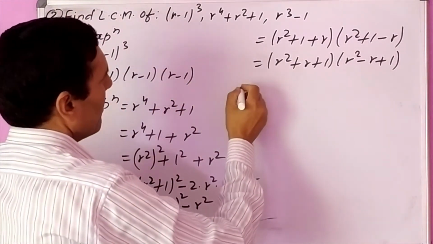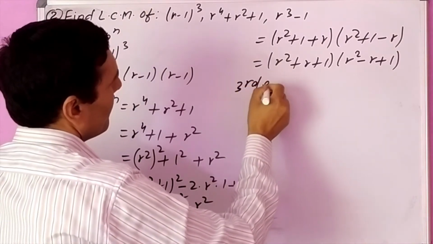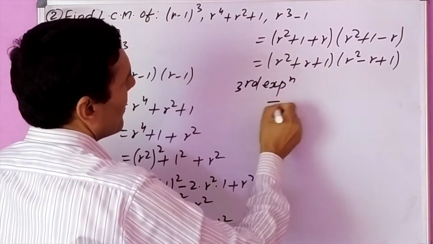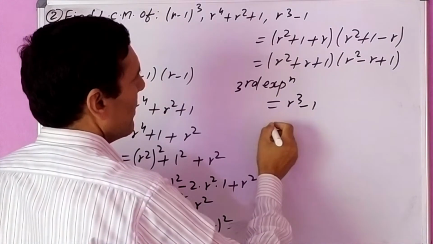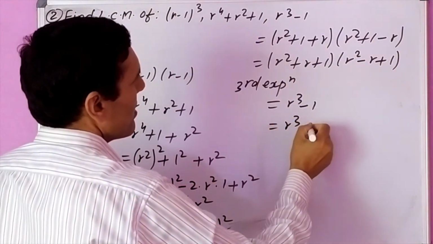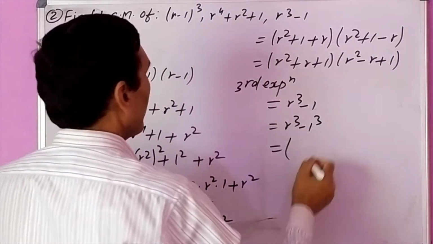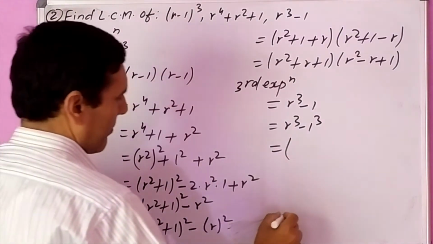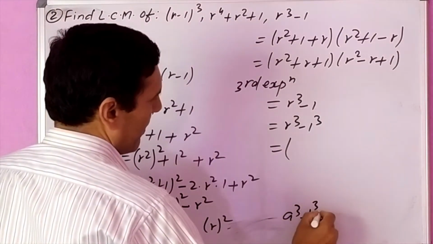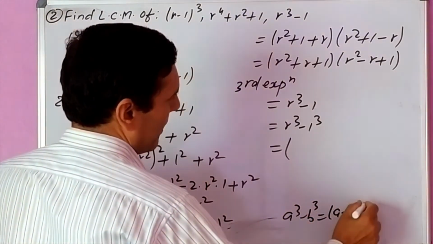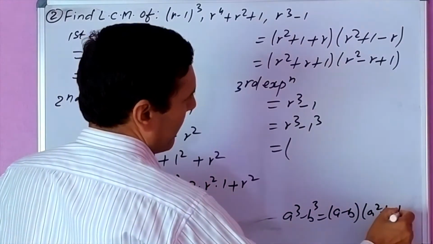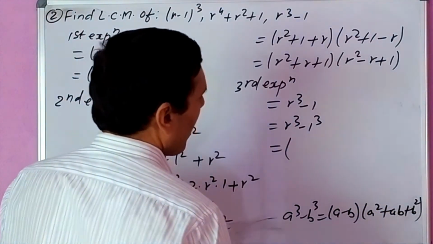Now we have the third expression, r cube minus 1. It is in the form of a cube minus b cube. What is the formula of a cube minus b cube? A cube minus b cube is a minus b times a square plus ab plus b square.